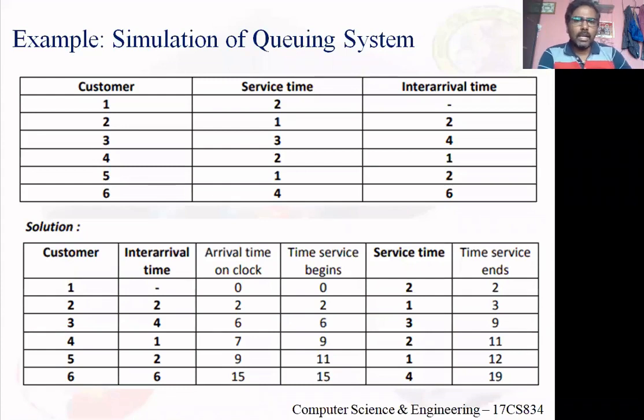And the second column gives service times for each of these customers. The first entry in service time is 2. What it states is that the service time for customer 1 is 2 minutes, if I consider the unit to be minutes.